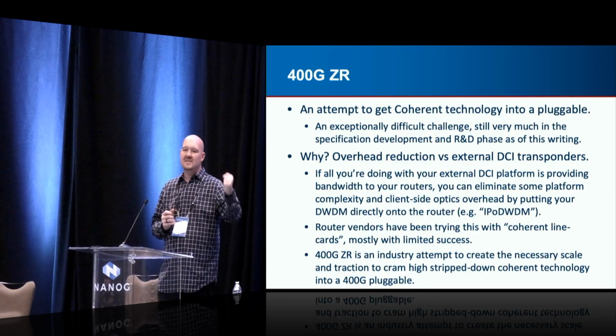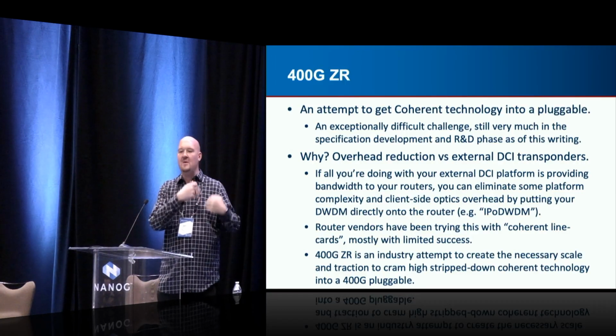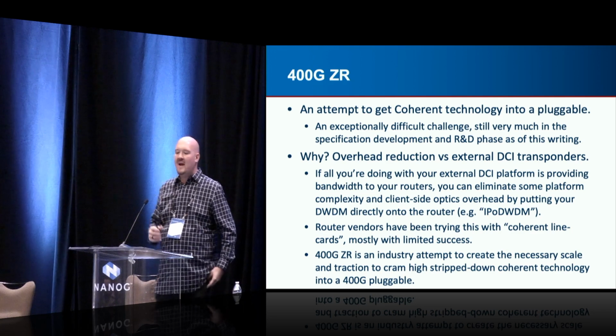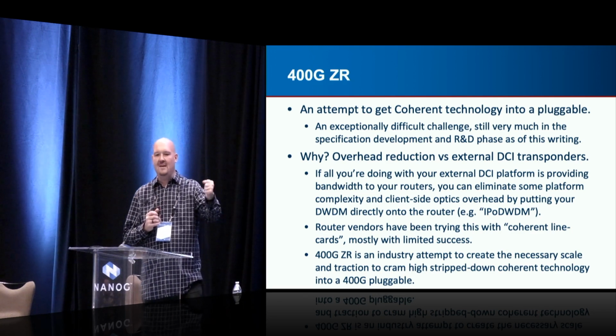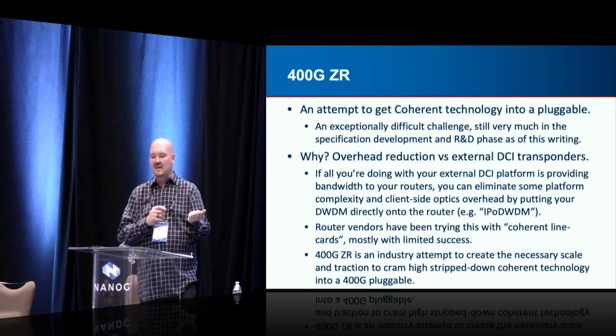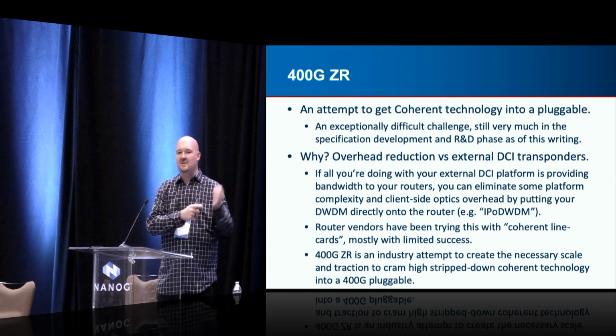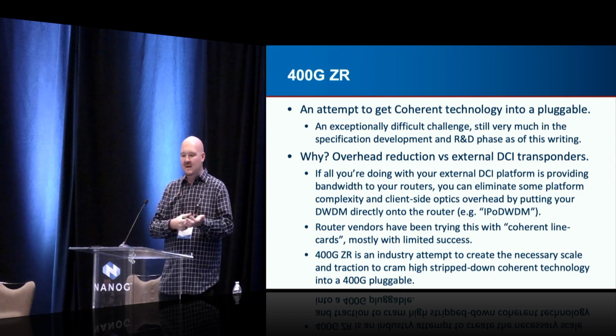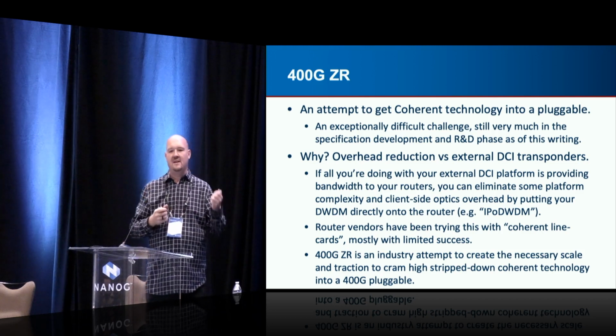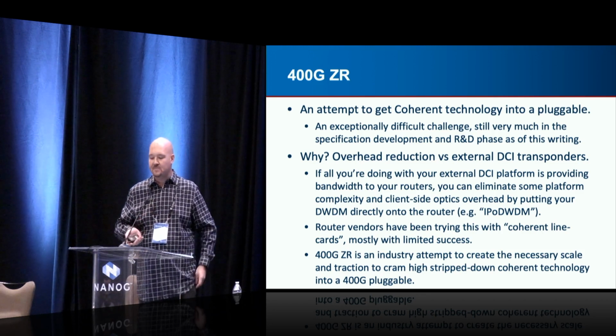If you aren't selling an optical wavelength, and all you're doing is lighting your packet network, you could have been a lot more efficient if you had put that directly in the router. If you could bypass those client optics, you're saving yourself potentially some SR4 optics or some LR4 optics and some patch cables. You're simplifying your management. You now don't have a second external transponder to manage.